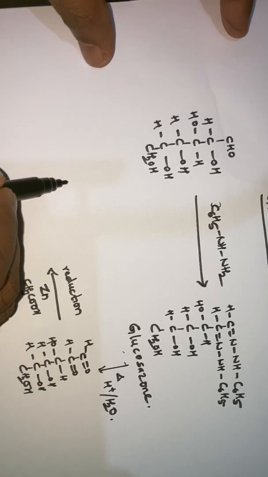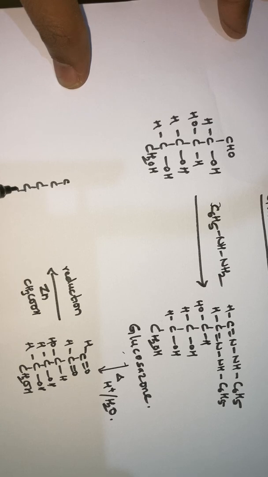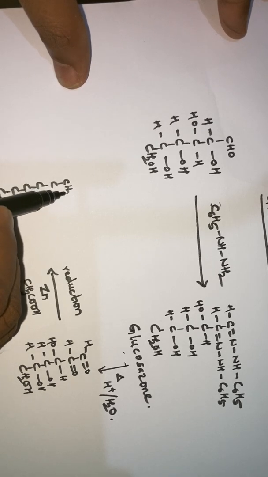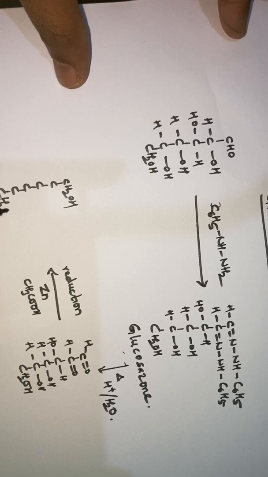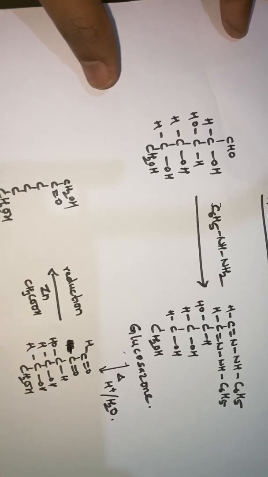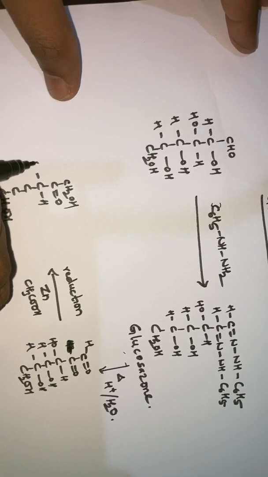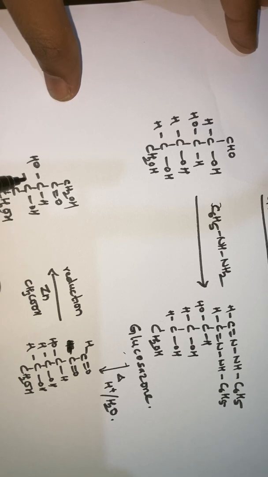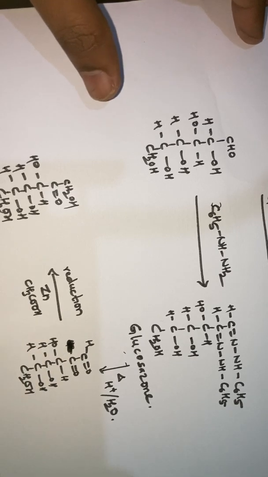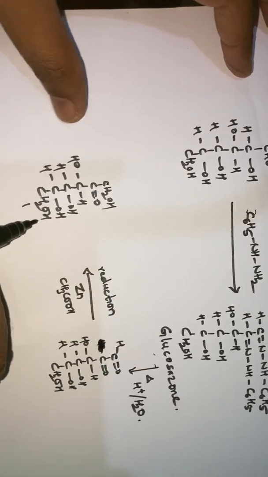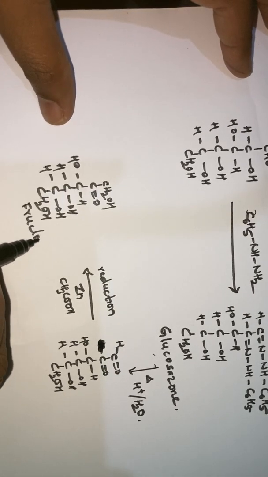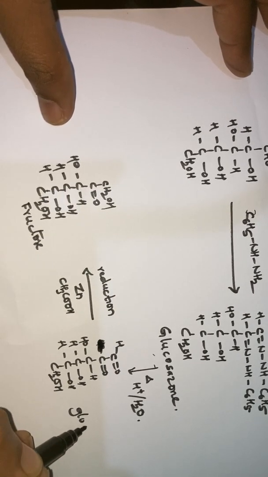So here, carbons 1 to 6, CH2OH at the top, then the ketone, and OH on the others. Sorry, make a correction here: it will not have a hydrogen there. So this is what you get. You get fructose. This is glucosone.